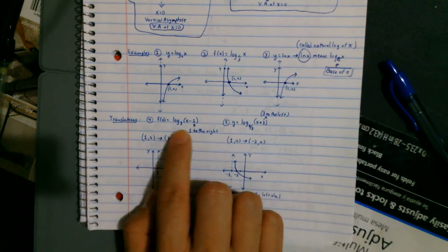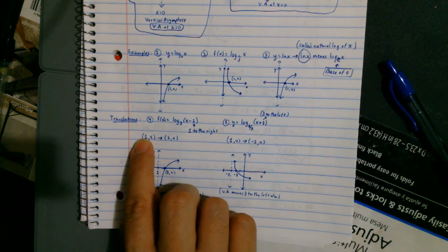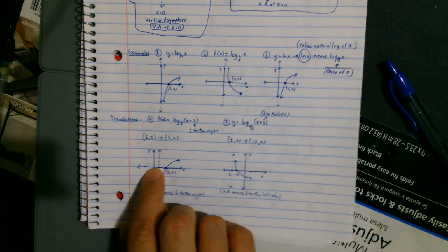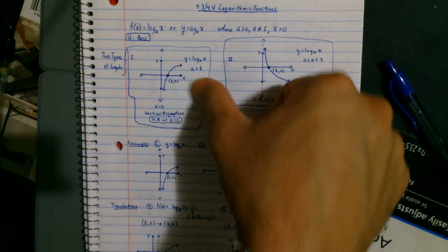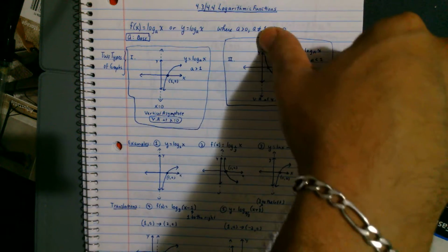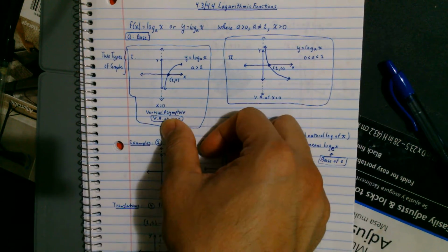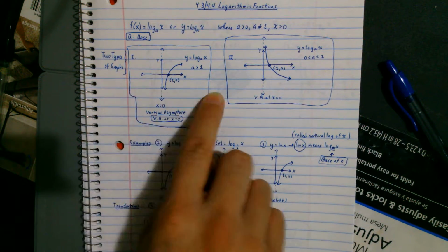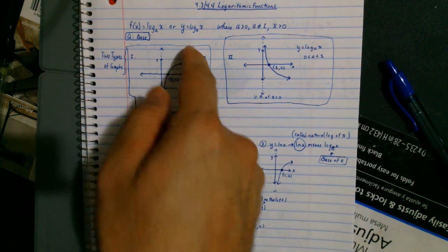So if the graph moves to the right 1, then 1, 0, you add 1 to the 1 because you change the x value. So 1 plus 1 is 2. So it just slides over to 2. But now the asymptote. These guys have a wall at the y-axis, what's called a vertical asymptote. This is stuck. The previous one, exponential, had a horizontal asymptote, the x-axis, but the x-axis becomes the y-axis when you take the inverse.